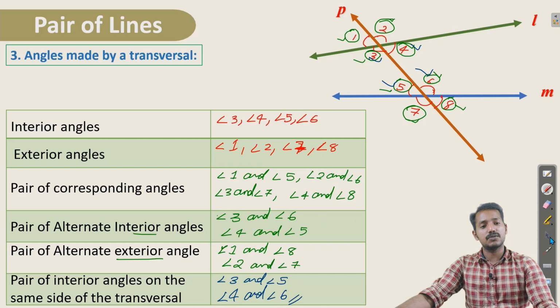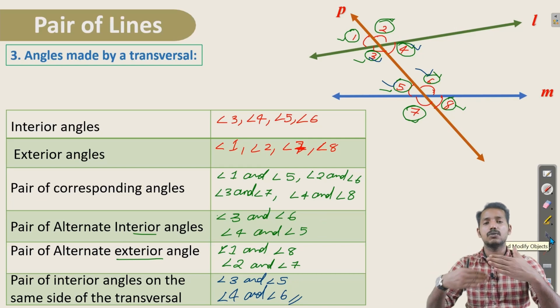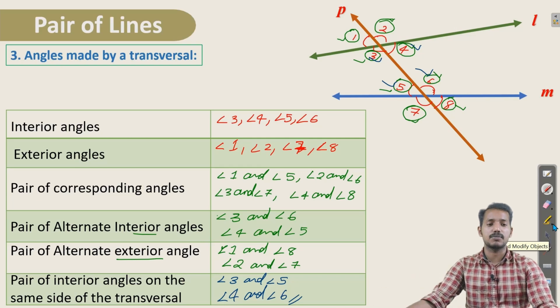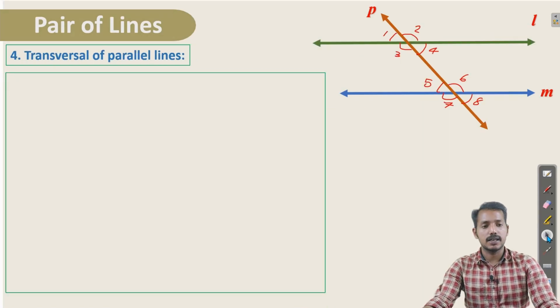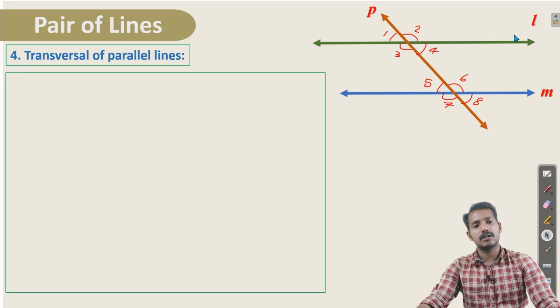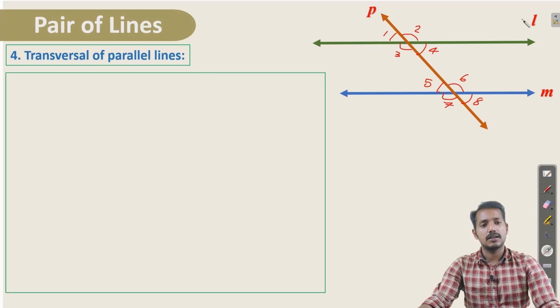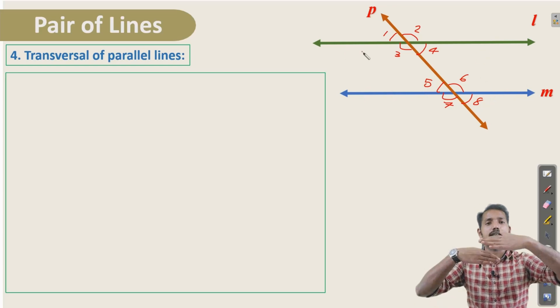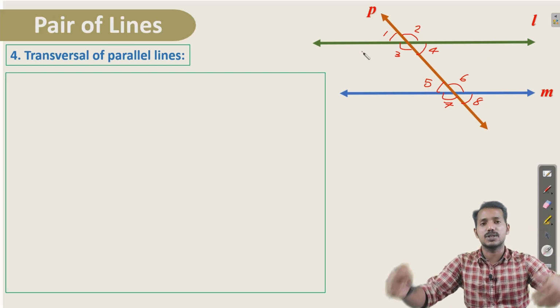Now let's discuss if these two lines are parallel, then what we can say about the properties of these types of angles. See here also we have 8 angles, but the condition is that the lines L and M are parallel lines. That means they never intersect and always keep the same distance between them.